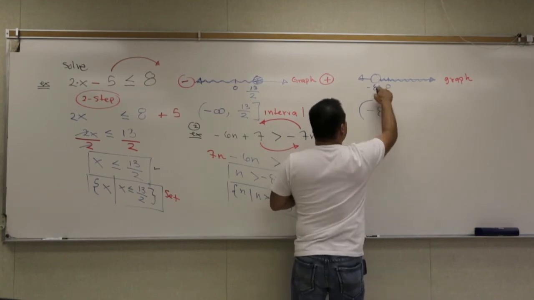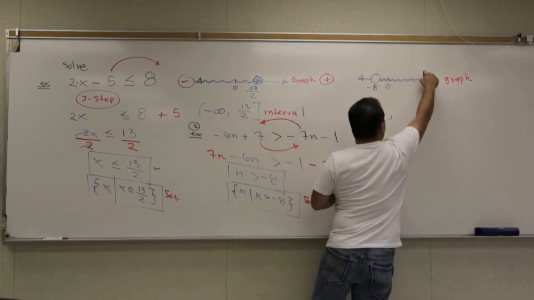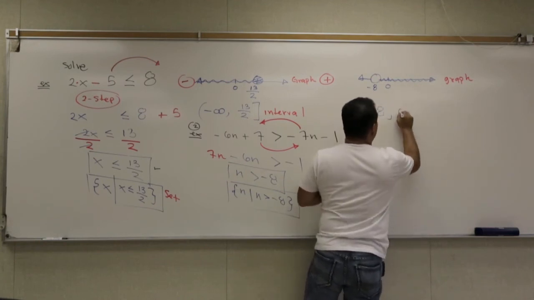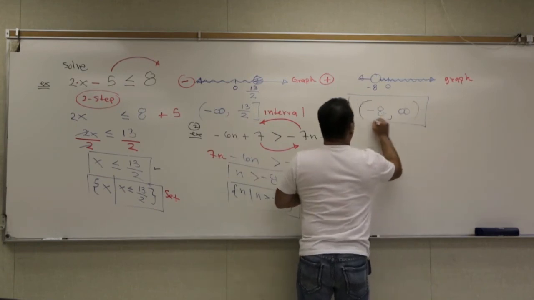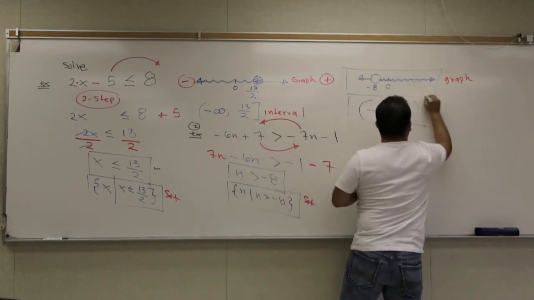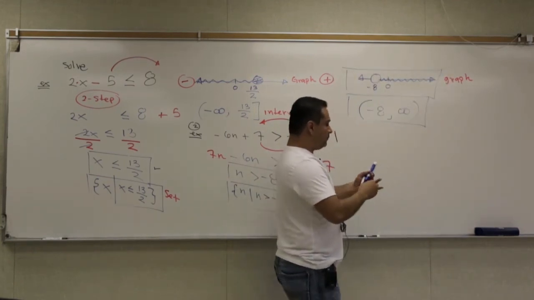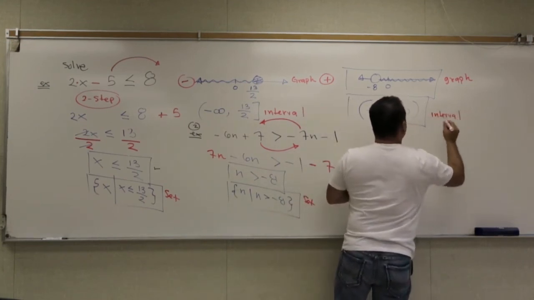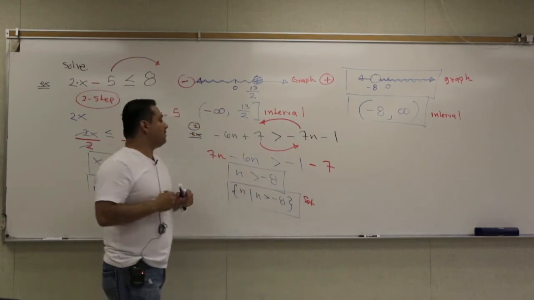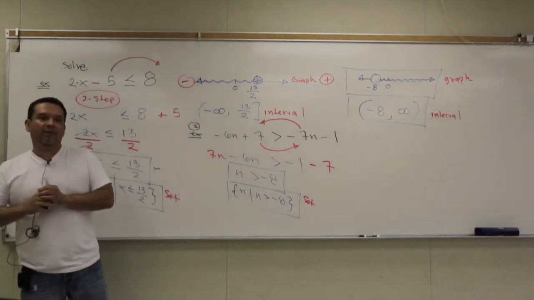And then comma, this goes all the way up to, when does it stop? Doesn't, goes all the way forever. So here's the interval notation. Here's your graph. Okay. So here's the three settings or the three types of answers they may want you to give.